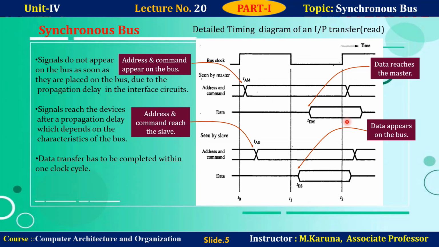Also, in this case, the processor, meaning the master, doesn't know whether the slave has actually responded or not. To overcome these limitations, most buses use control signals that represent a response from the device.